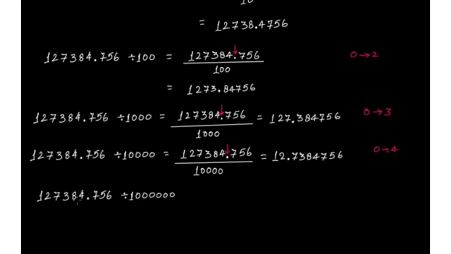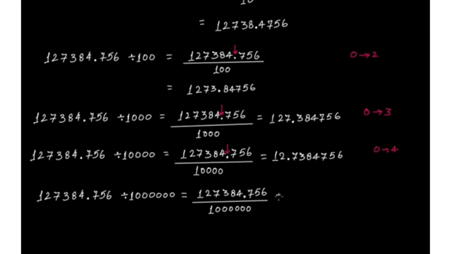Now you are dividing this number, 1, 2, 7, 3, 8, 4.756, with 10 lakh. It means 6 zeros: 1, 2, 3, 4, 5 and 6, right? 1s, 10s, 100, 1000, 10,000, lakh, 10 lakh. So you are dividing this number with 10 lakh.